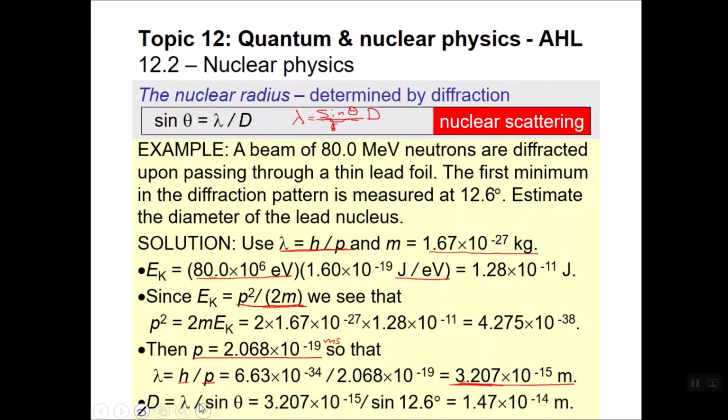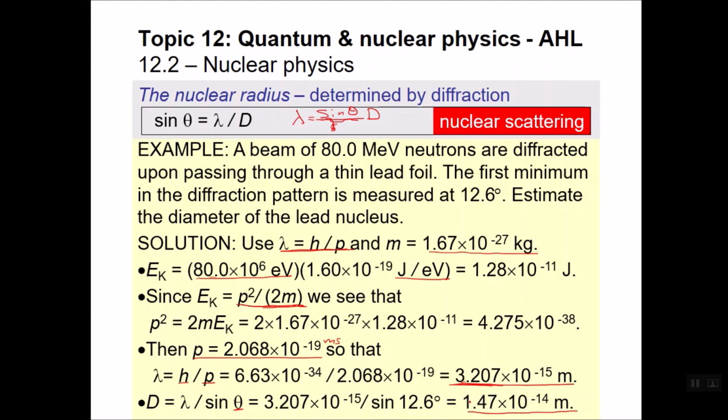So now we can substitute that in here. We have the angle, and we need to do this in radians, and we have the wavelength. So we can just substitute in 3.207 times 10 to the minus 15th divided by sine of 12.6 degrees in radians, and we get 1.47 times 10 to the minus 14th meters.